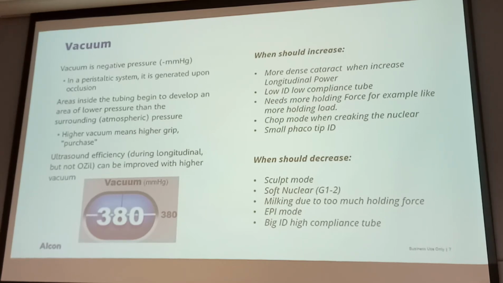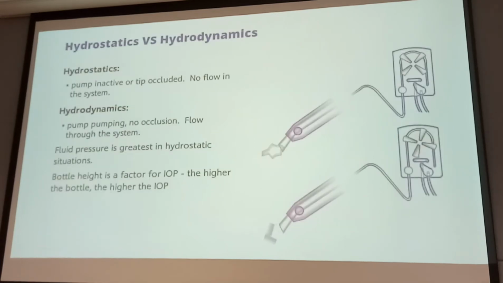You want to hold that, continuous count, lower the aspiration, lower the vacuum. Sometimes you are facing longitudinal, traditional ultrasound to push the nucleus. Ultrasound pushes the nucleus, and vacuum is how you hold the nucleus. If you hold it well, then when you push, it is not easy to push away. So this is the factor for how you can hold the nucleus well.